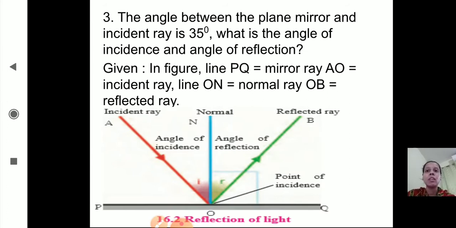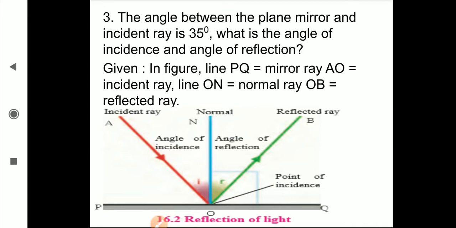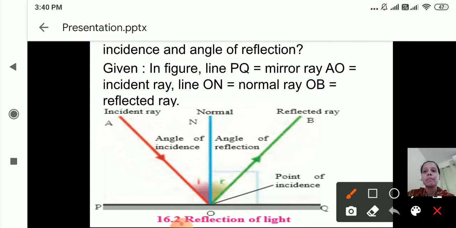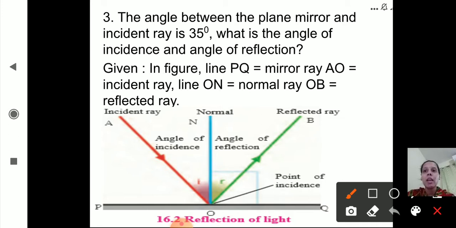The angle between the plane mirror and the incident ray is 35 degree. What is the angle of incidence and angle of reflection? So from the figure, first we will write down what is given. Once again we will read out the question. The angle between the plane mirror and the incident ray is 35 degree.